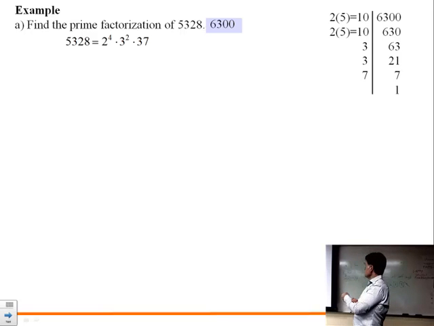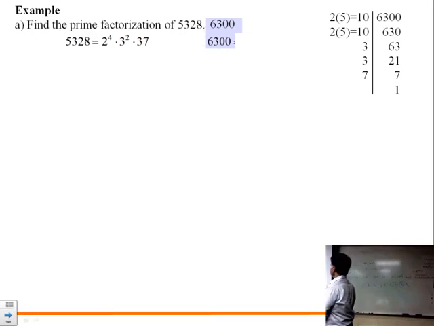Goes in 7 times. 7 is prime, so we can skip 5 and go straight to 7 and get 1. So the prime factorization of 6300 is what? 2 squared times 3 squared times 5 squared times 7 to the first. There we go. Good.